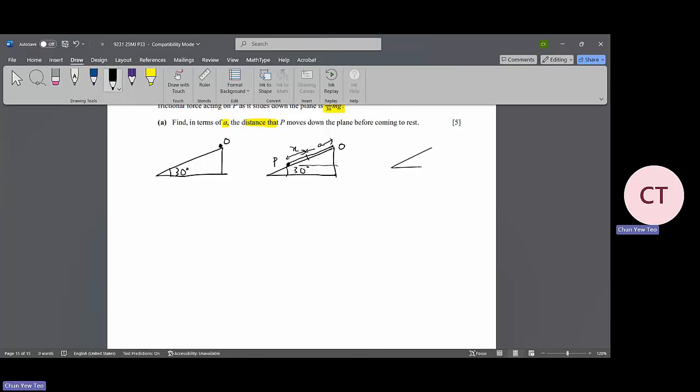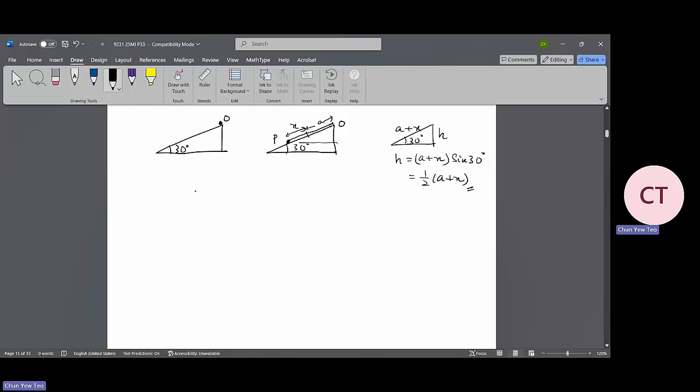So the height, this is a plus x. So we know that the height is actually a plus x sin 30 degrees. That will be half of a plus x. Okay, so we get this one ready.